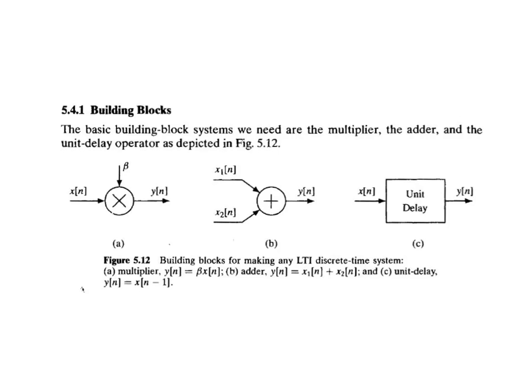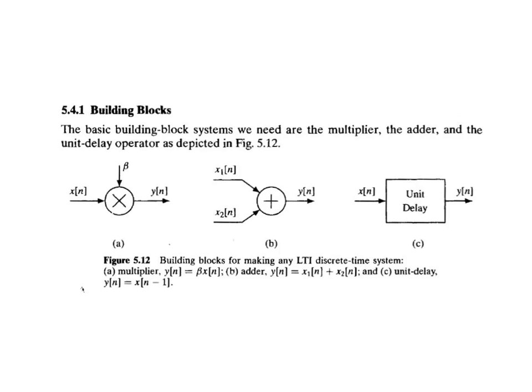Pipelines is what we call that. Also, we can put things in parallel. If there are no dependencies, if the input of one operation doesn't depend on the output of the previous operation, we can do the two operations at the same time. That's another way of achieving speedup. But one way or the other, we have to implement multipliers, adders, and delays.